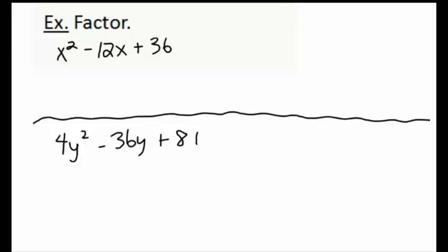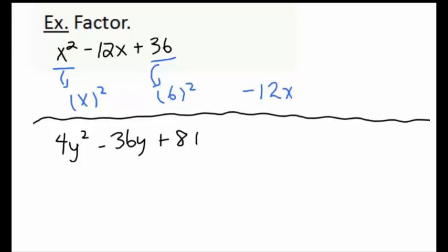Now for me, I don't usually think about perfect square trinomials until I notice that my first term is something squared, and my last term is also something squared. So this is usually the indicator to me that I might be working with a perfect square trinomial.